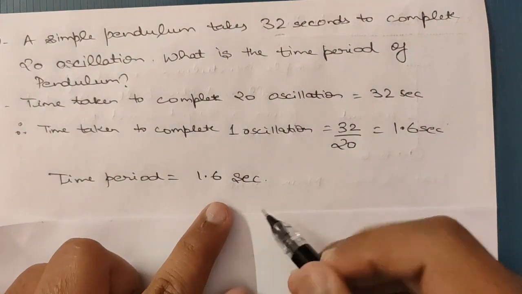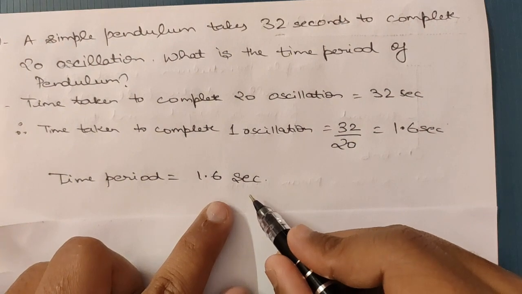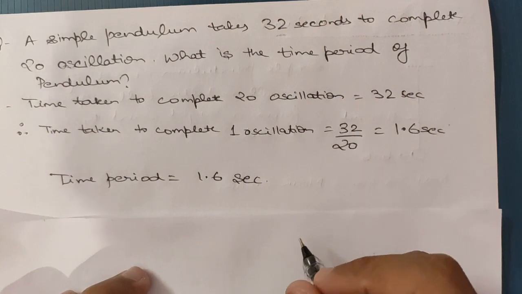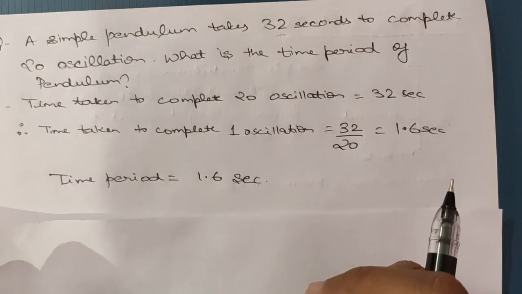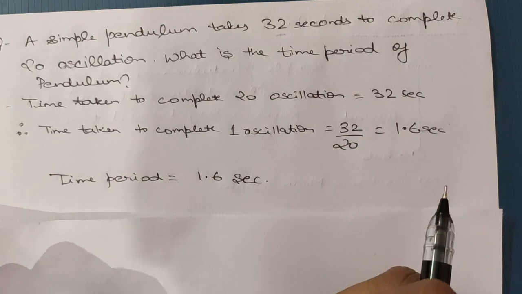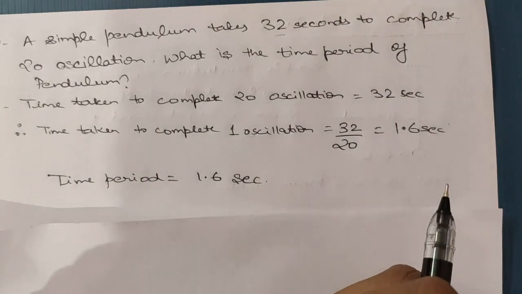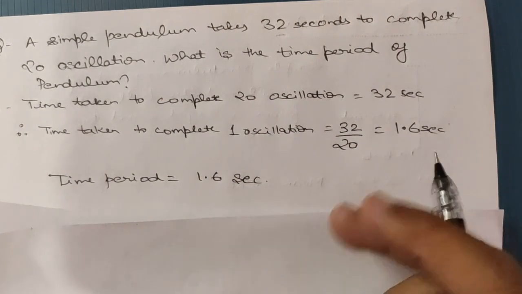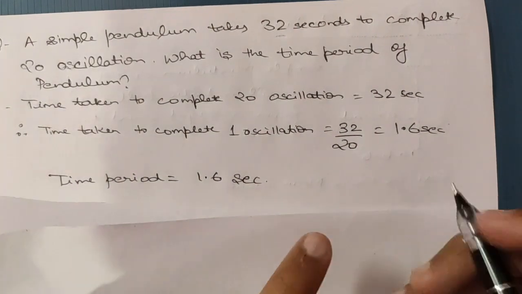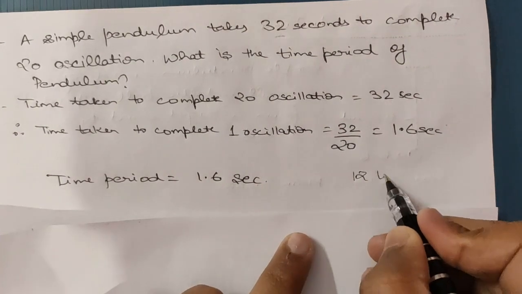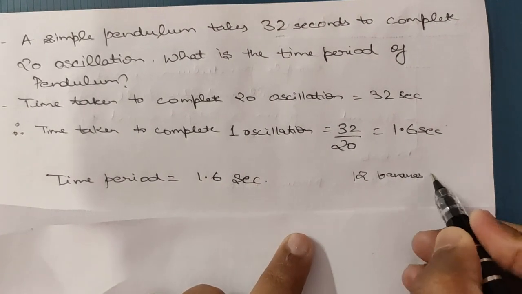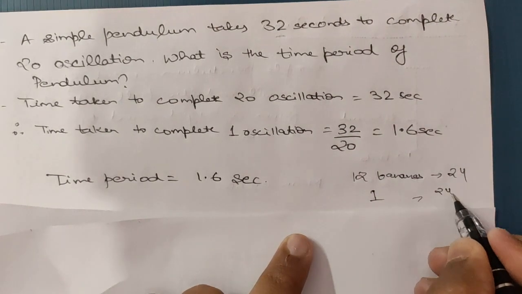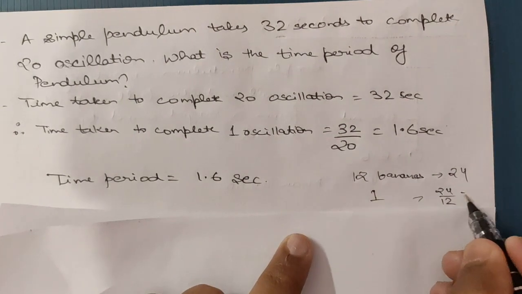So what does it say? That one oscillation is completed in 1.6 seconds. According to the unitary method, it is very simple. What if I say that the cost of 12 bananas is 24 rupees, and I ask what is the cost of one banana? Definitely you will say 24 divided by 12. The cost of 12 bananas was 24, so the cost of one banana will be 24 divided by 12, and the answer will be 2 rupees.